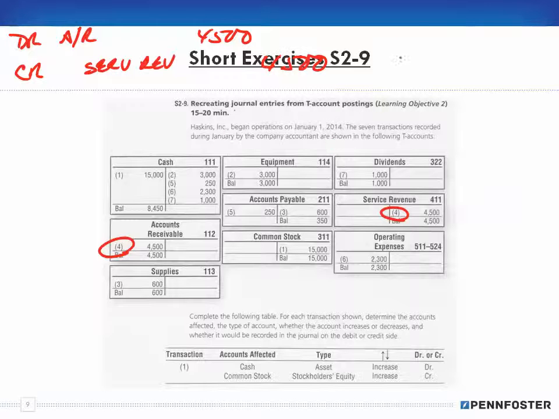Accounts receivable is an asset, and we're increasing the accounts receivable because we sold something and they owe us, so we're increasing what is owed to us. And our revenue is a revenue account, and of course that's increasing because I just made an additional sale. Okay, that's 4.